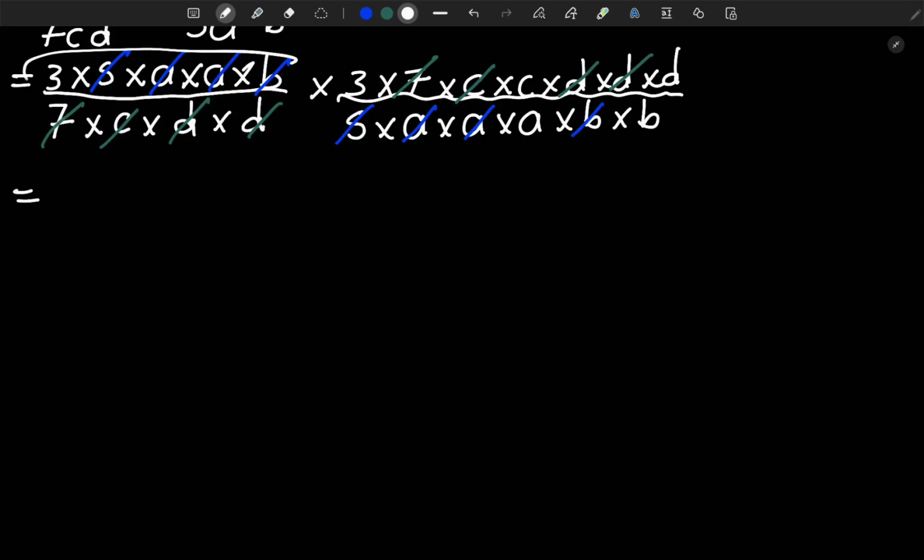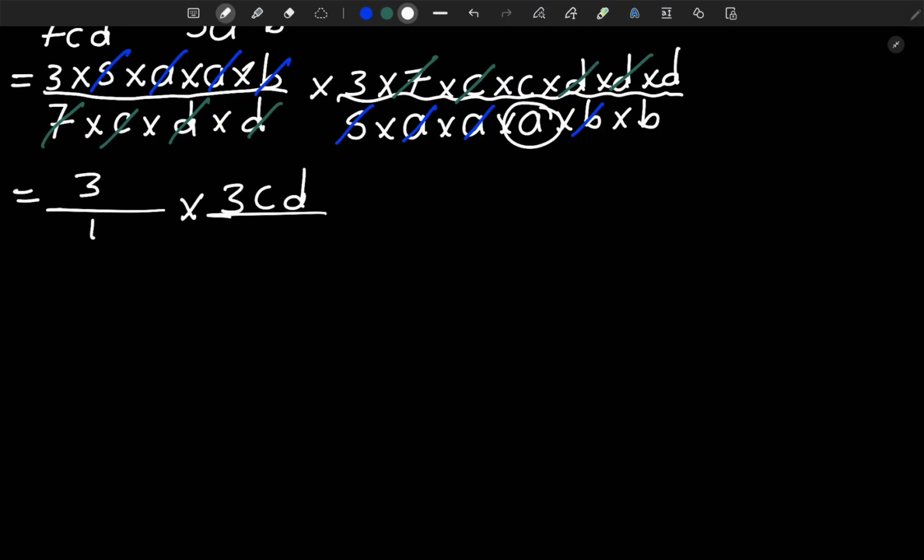Then from here, we can look at what is remaining. From the top part here, the remaining is only 3. Everything is gone, so you just write a 1, times here there is a 3, c and d. So we're going to have 3cd, over here we have a and b.